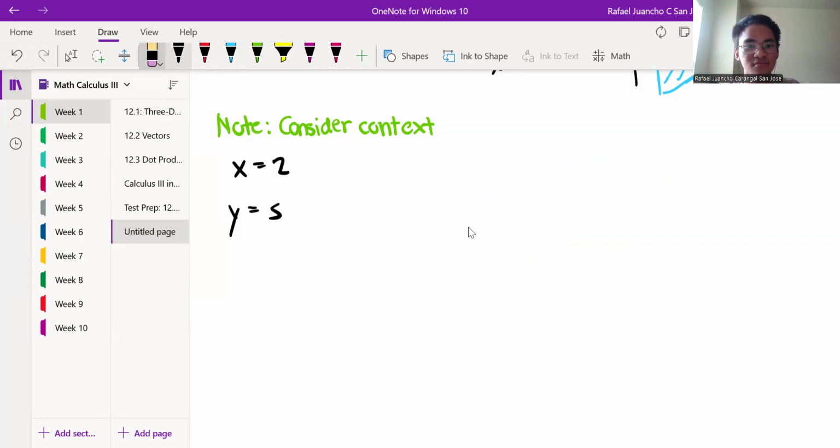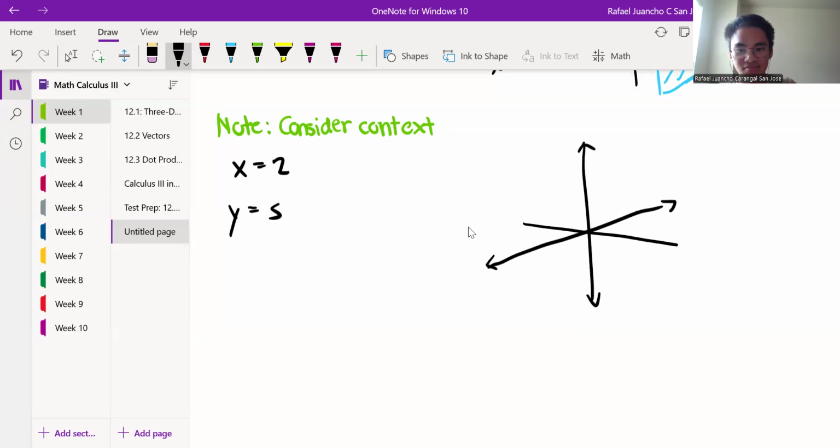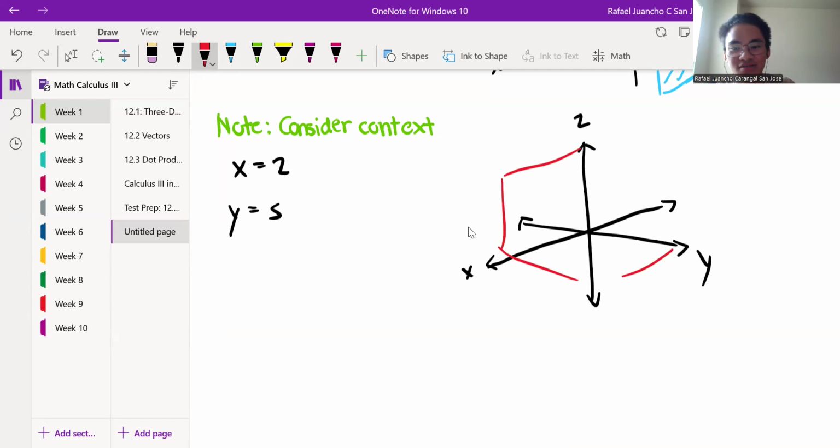How about 3D? Well, it's different. Previously, those were lines in a plane. Here, these are planes in space. So that's the difference. So this is x, y, z. When x is 2, remember, this is our foreground, right? In our foreground, this is when x is positive.